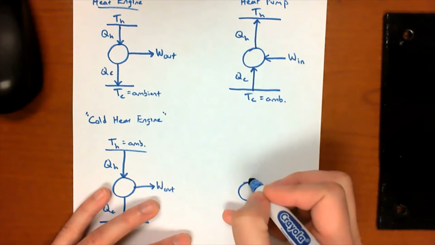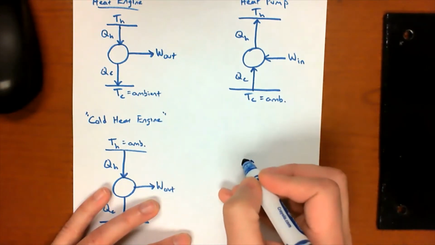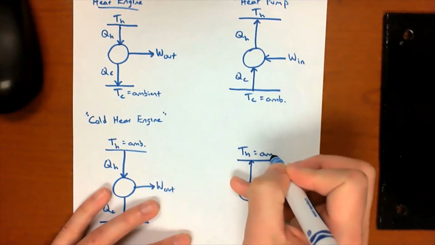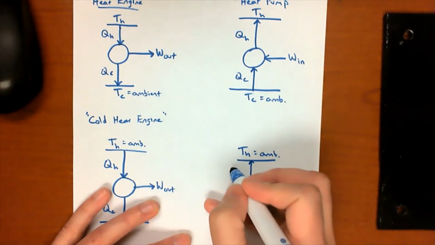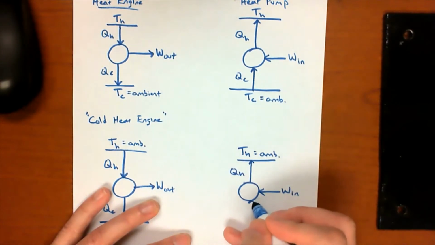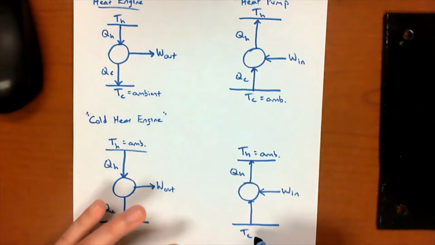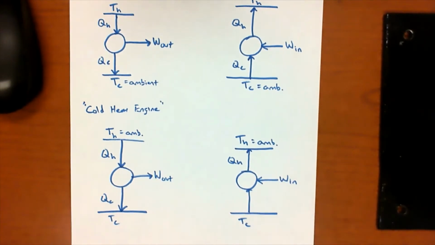And now we're going to drive heat up to T hot, where now T hot is the ambient temperature. And once again, we're taking heat from a cold temperature reservoir. And that cold temperature reservoir is actually colder than ambient.